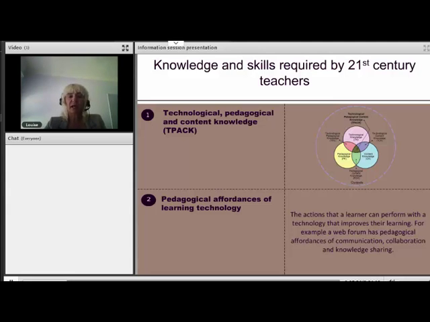So we've talked about technological affordances. Pedagogical affordances of technology are similar in that they're the actions that the learners can perform with the technology that improves learning. That should be the key focus of teachers.